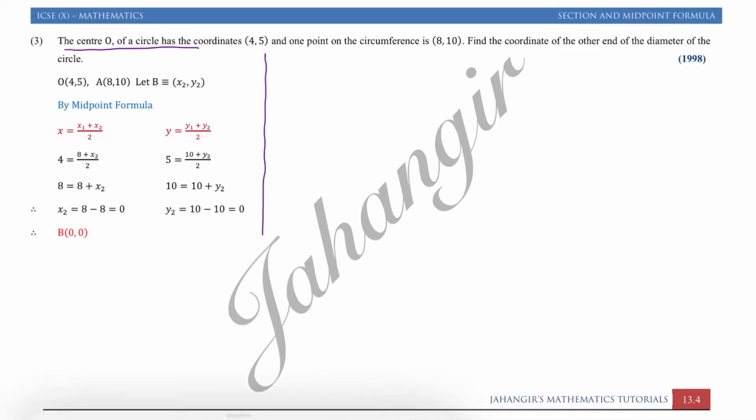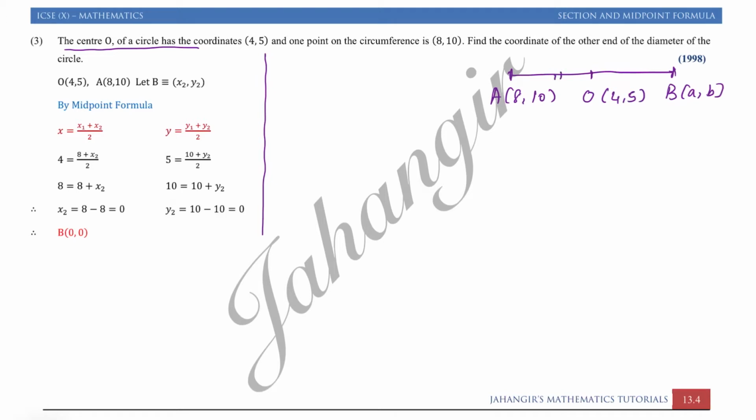One point of the diameter is given as 8, 10. Let us draw this as the diameter. A is given as 8, 10. B I don't know, that I can write as A, B, or you can write x2, y2. Doesn't matter. O is the center of the circle, that is 4, 5.